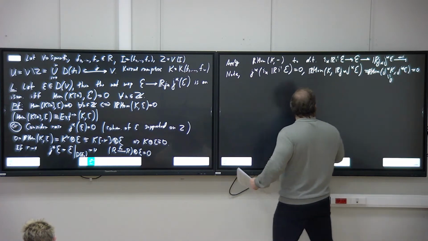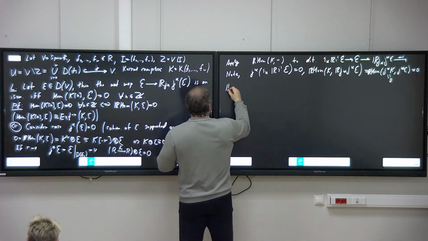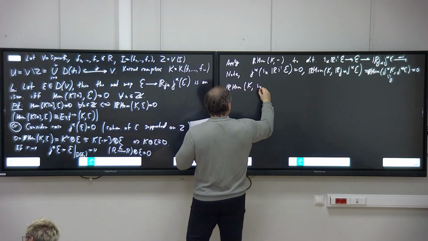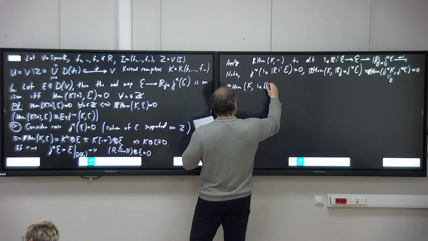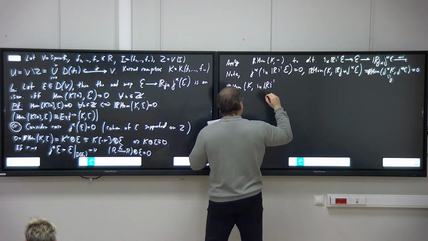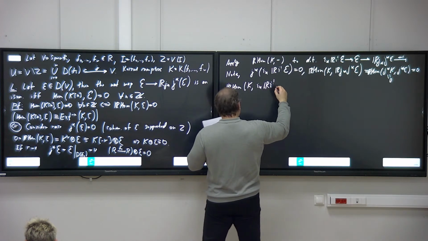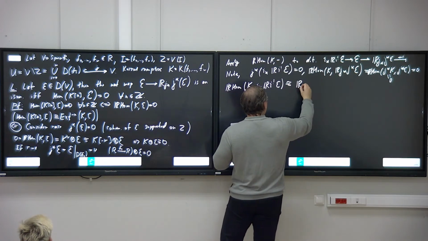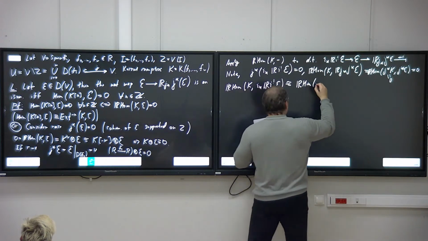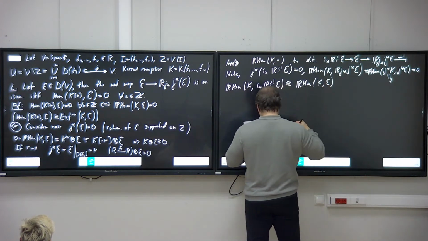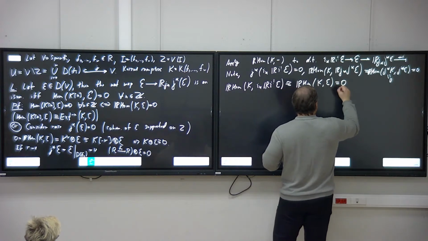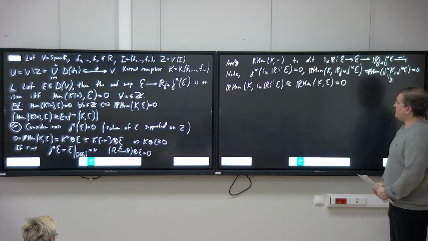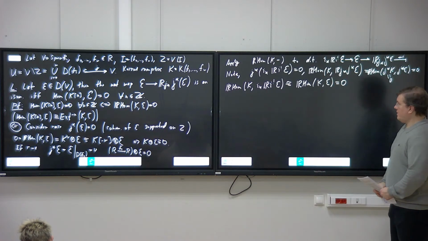So what I want to say is that the RHom from K to the i lower star, derived functor, of the i upper shriek of the E, will be isomorphic to the RHom from K to E, which is 0 by our assumption. We assume in this case that RHom from K to E is 0.